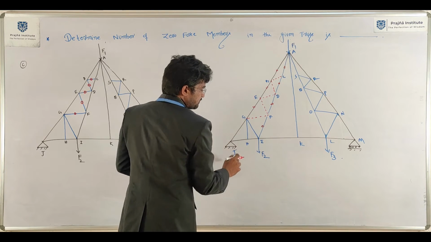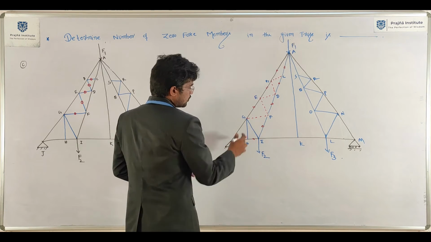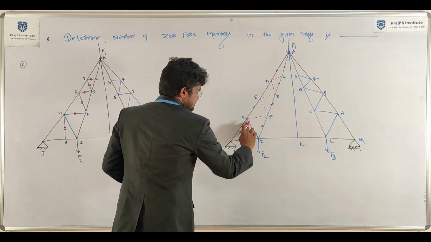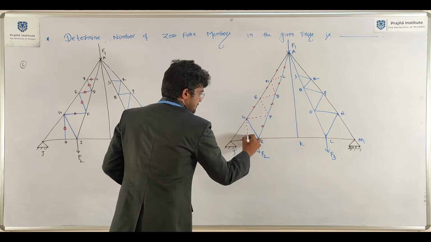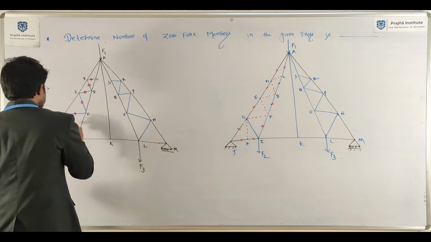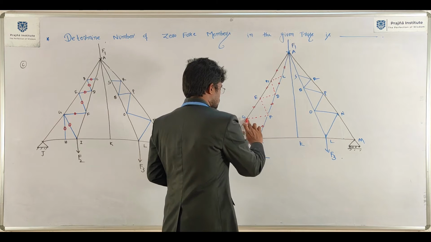Now here, these two are collinear. Force in GH equals 0. These two are collinear. Force in GI equals 0. Okay, GI equals 0.